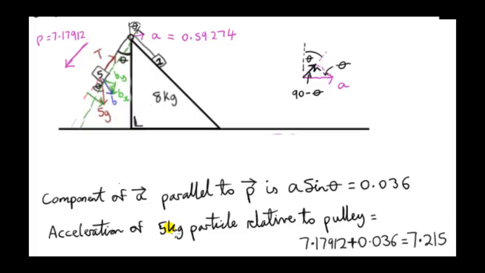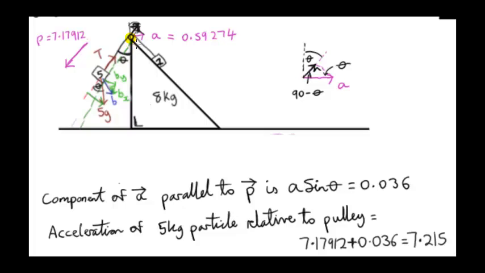So without using a relative acceleration formula, we know what's going on intuitively. So the pulley has an acceleration in this direction, but you can see that it's in a direction that's opposite to P. So in a sense, the pulley and the 5 kilogram mass are both moving away from each other. Okay, so we would effectively add these two accelerations. So the answer is going to be greater than 7.17912, because the pulley in a sense is moving away from the 5 kilogram mass.